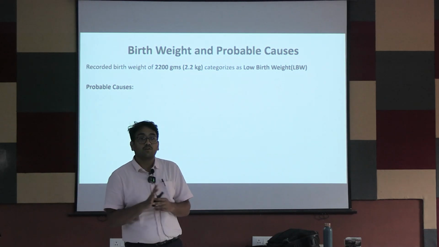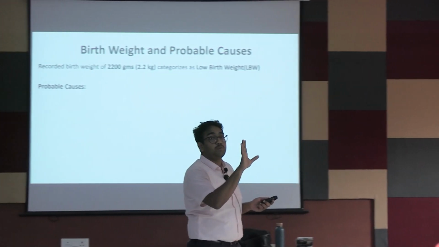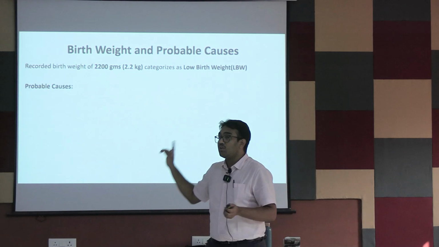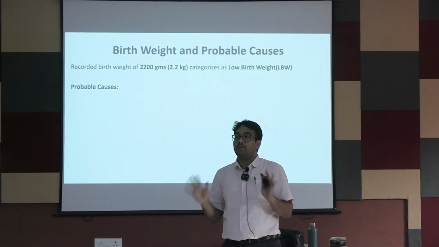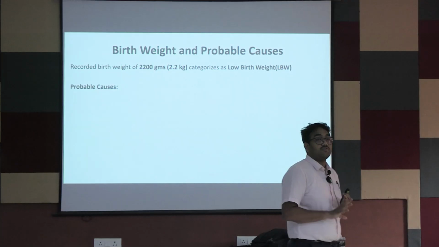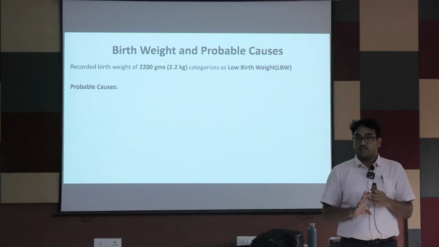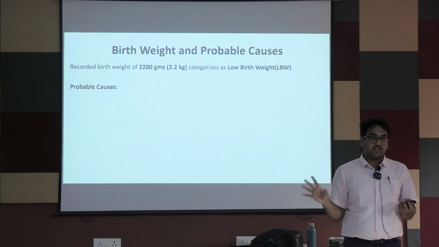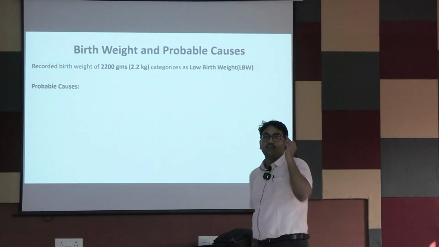So low birth weight babies include both preterm and small for gestational age. Low birth weight is defined as birth weight of the baby less than 2.5 kilograms irrespective of the gestational age. Is that clear? Do not forget the irrespective of the gestational age part. Otherwise there is a confusion.